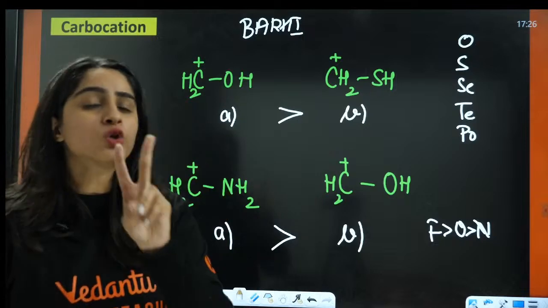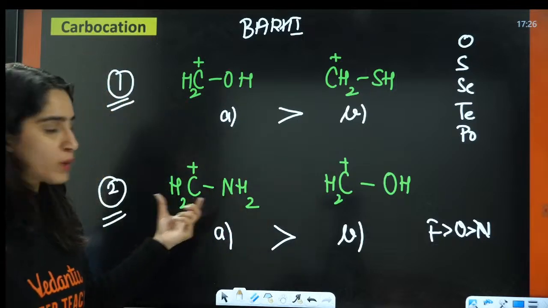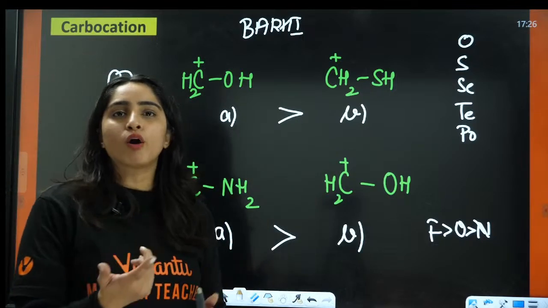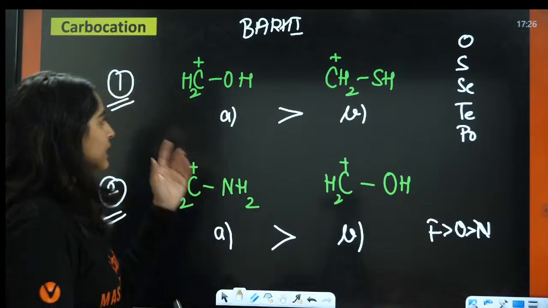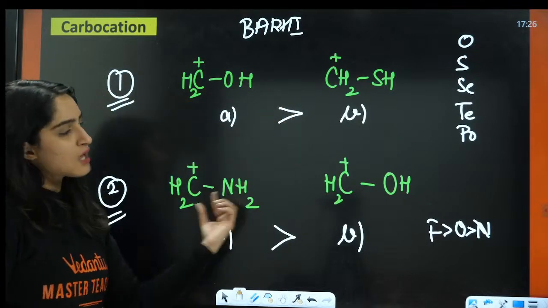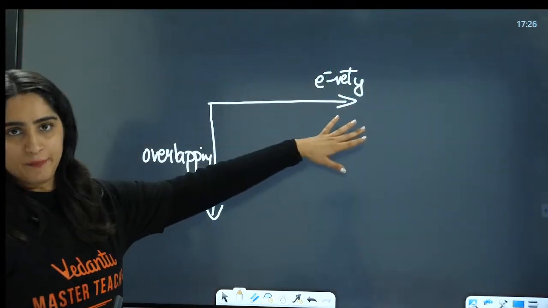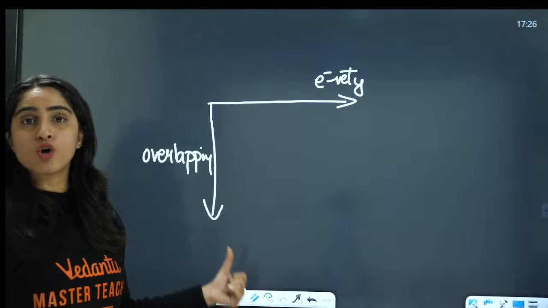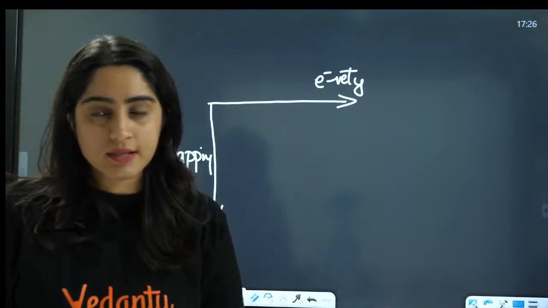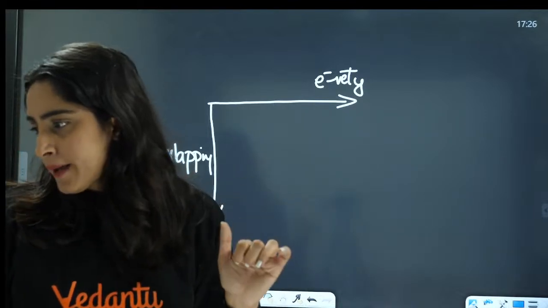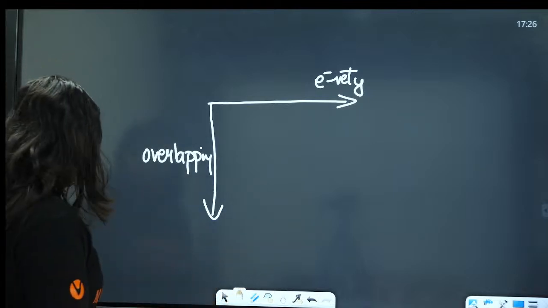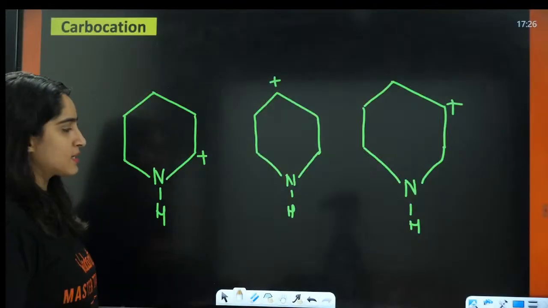There are two things that you need to focus on when you have questions like this. Back bonding is happening in both the cases, right? This is down the group and this is along the period. Along the period, just focus on the electronegativity, and down the group, focus on the overlapping of orbitals. Understood, everyone? Okay? Perfect. Every question you need to just apply this.